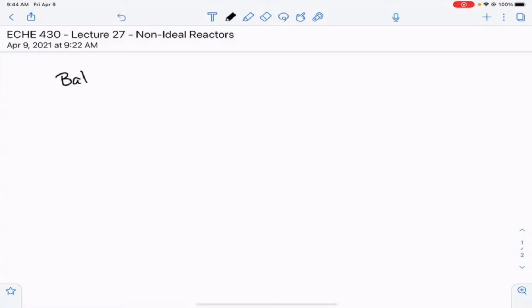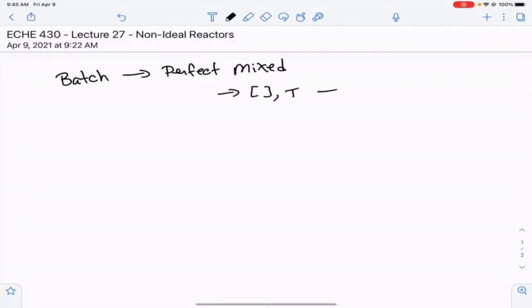So, for a batch reactor, for example, we've always assumed that we had complete mixing, right? That the concentration of all the species are homogeneous everywhere, right? So the concentrations are the same everywhere, the temperature is the same. And what that meant was our reaction rate is the same everywhere inside of the reactor.